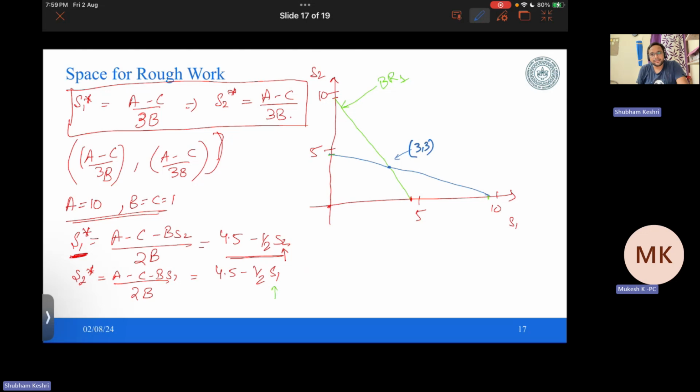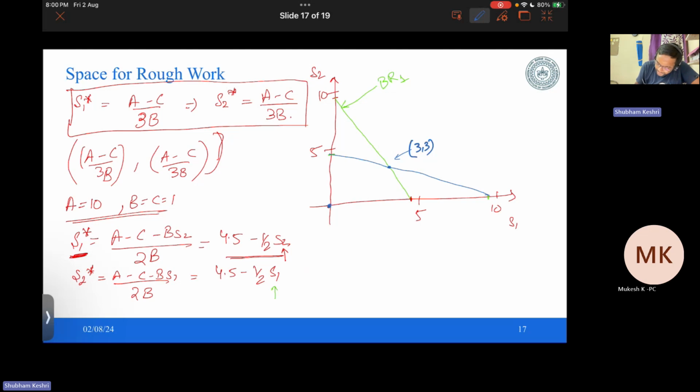Is this clear? Yes. Now, sir has also discussed some part on dominant strategy and how this Nash equilibrium is self-enforcing. So you see, when player 1 plays any value from 0 to infinity, the best response of player 2 will always be between certain values.